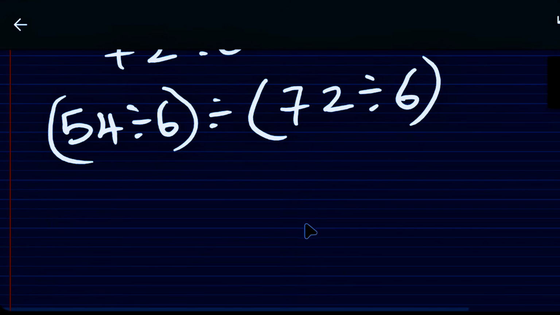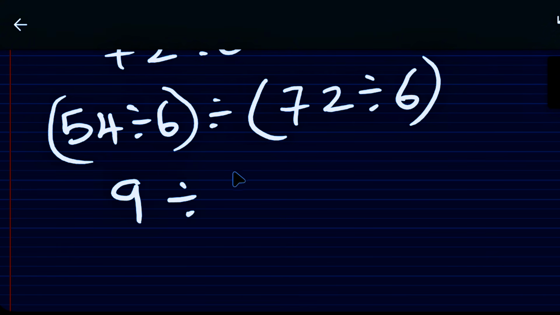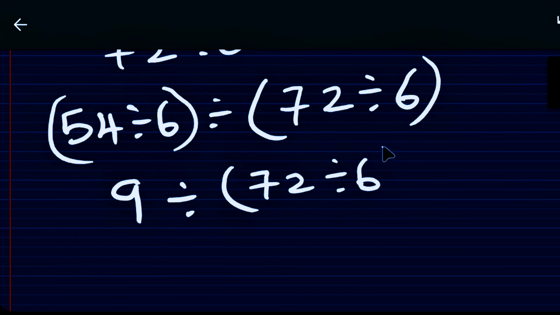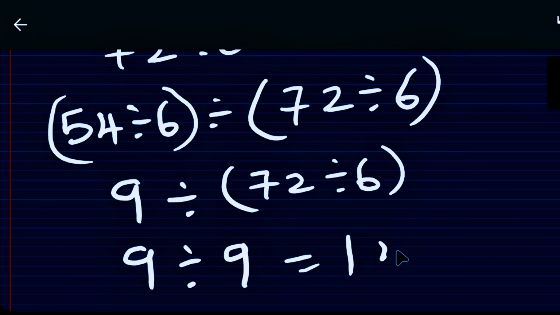So from here 54 divided by 6 equals 9, then divided by open parentheses 72 divided by 6. So from here we have 9 divided by 72 divided by 6 equals 9, and 9 divided by 9 equals 1 as the right answer.